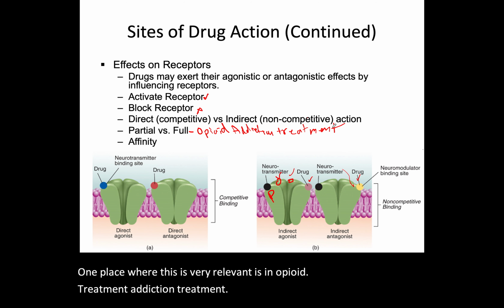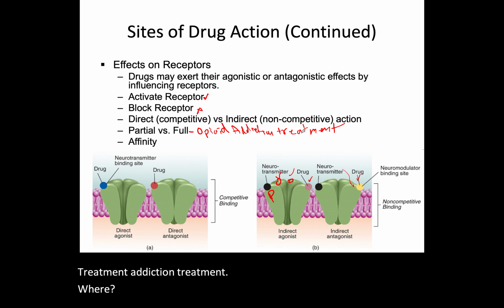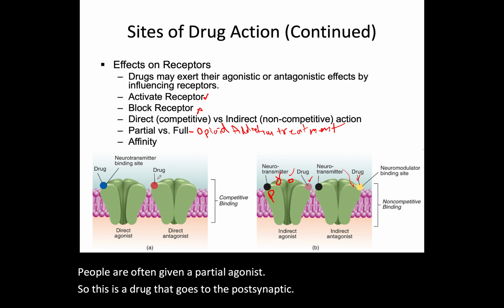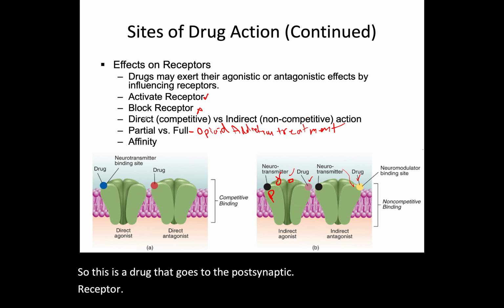where people are often given a partial agonist. So, this is a drug that goes to the postsynaptic receptor, doing competitive binding with the mu receptor, but only partially activating it.